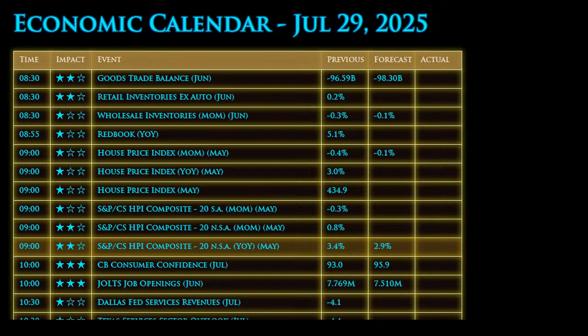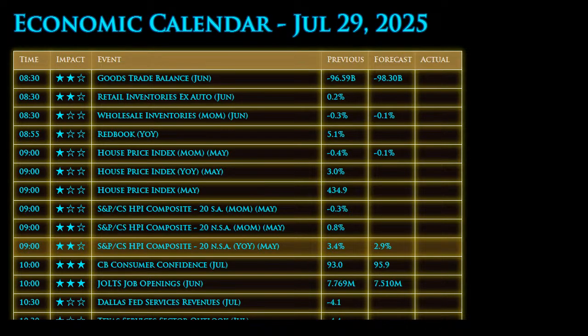The S&P/Case-Shiller Home Price Index, HPI, Composite 20 measures the changes in the price of residential properties across 20 metropolitan areas in the United States. It is a critical indicator of the health of the housing market, reflecting supply and demand dynamics and broader economic conditions.